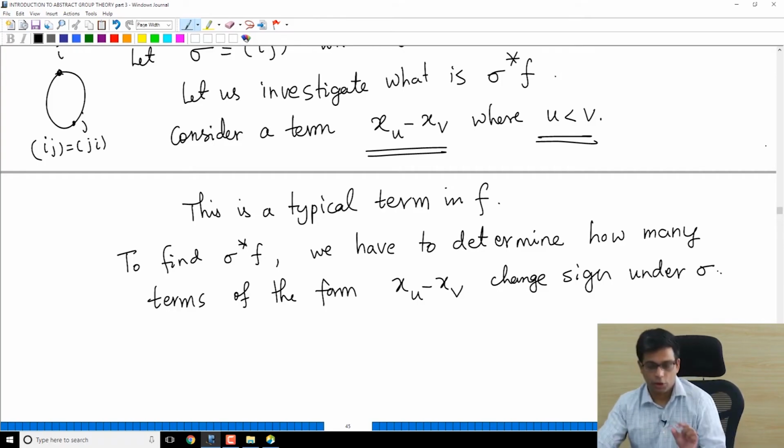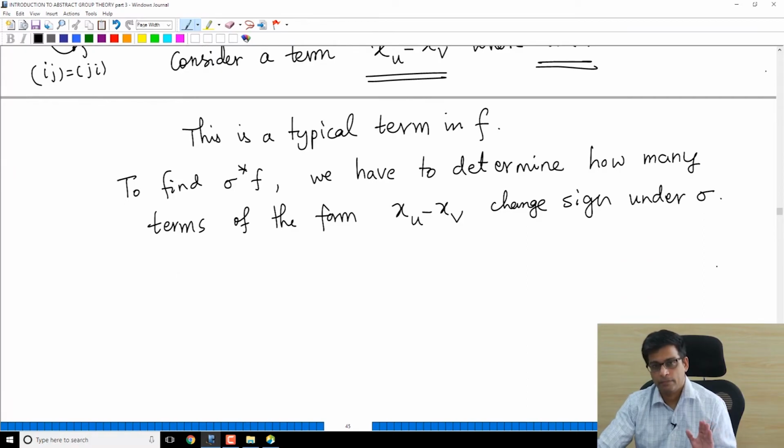Because if you know how many terms change the sign, then we know what happens to f. If the number of changes is even, sigma star f will be f. If the number of changes is odd, sigma star f will be minus f.